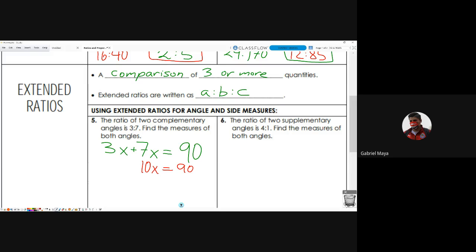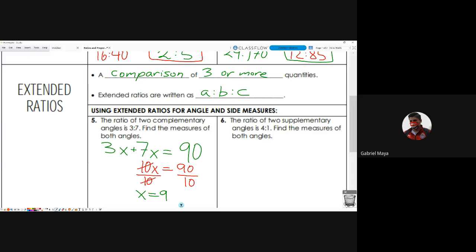What do we do then? Well, let's divide both sides by 10. So now we got x equals, and what's 90 divided by 10? x equals 9.